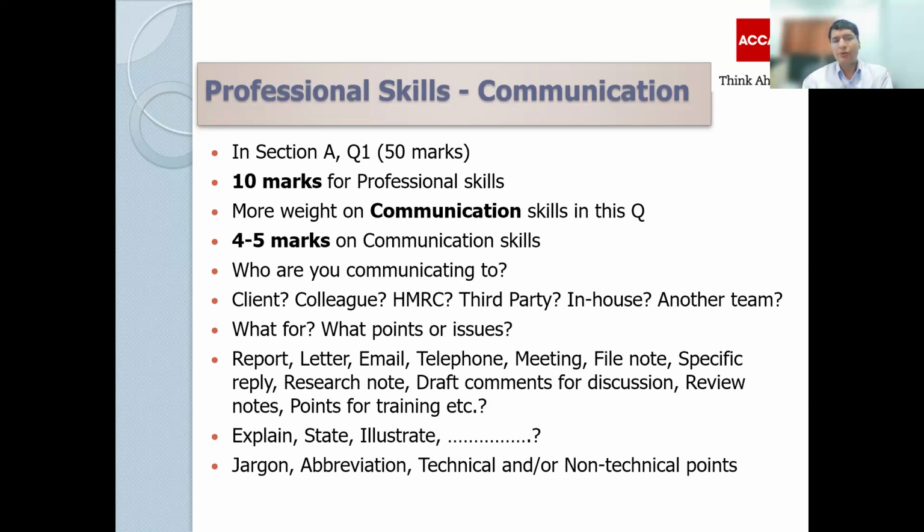Principal private residence, you need to even explain further. Maybe main residence, a home that you have been residing, you have been living is your regular home, for example. So depending on the audience, depending on the person that you are communicating to, you are writing to, mostly letter and the email in exam, but there may be file note, etc. as well.